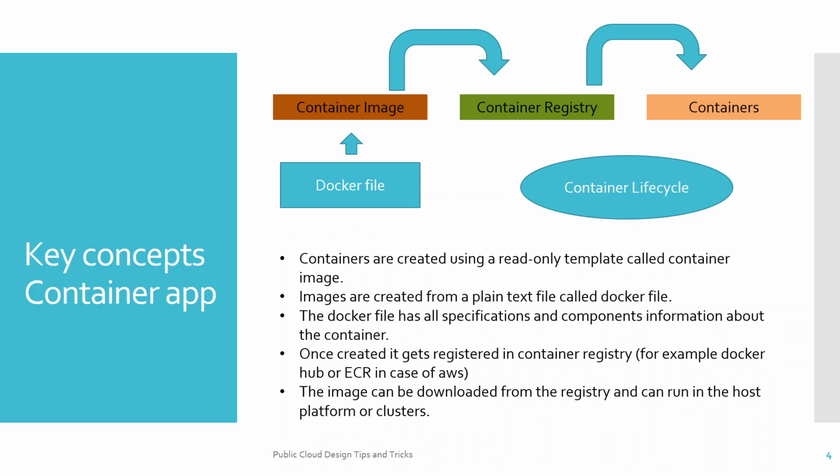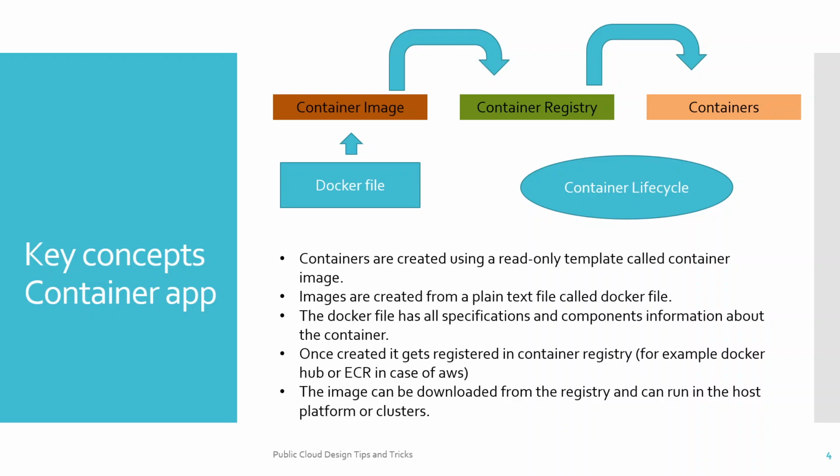Now, coming to the key concepts of container app, containers are created using a read-only template called container image. Okay, so containers are the instances of container image. Now, images are created from a plain text file that is called Dockerfile. Okay, so from the Dockerfile, container images get created, and once the image gets created, there is a storage repo where it can be registered, and that is called container registry.